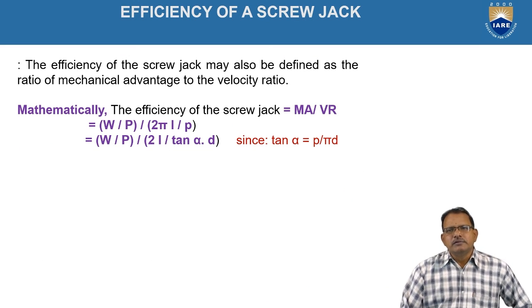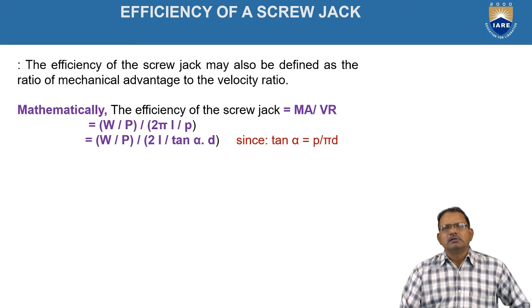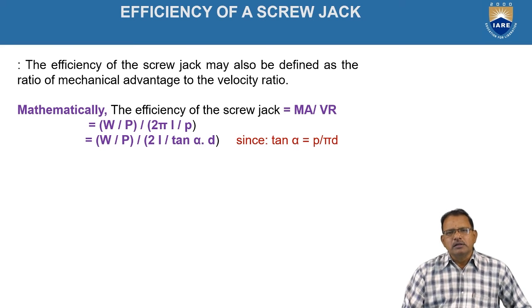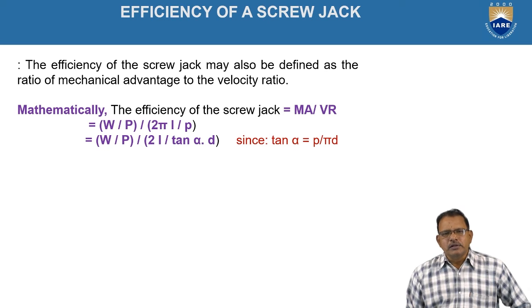Mathematically, the efficiency of the screw jack is also defined as the ratio of mechanical advantage to the velocity ratio. By using these equations, we get mechanical advantage W by P divided by velocity ratio 2 pi L divided by p. Okay, this is another method to determine the efficiency of a screw jack.